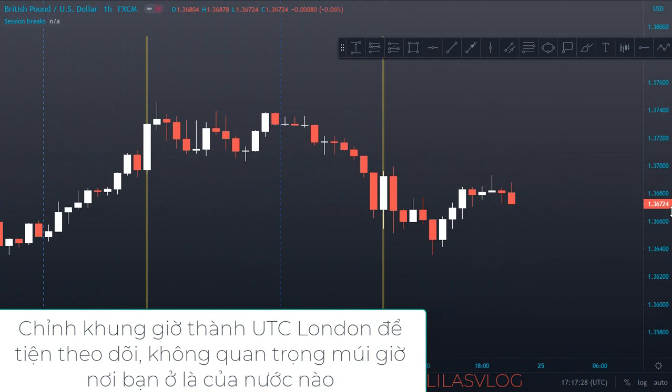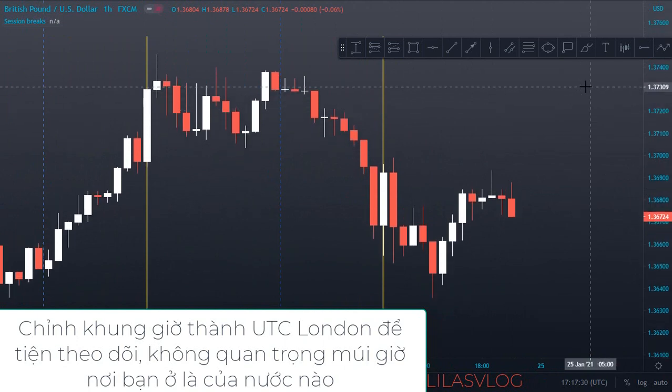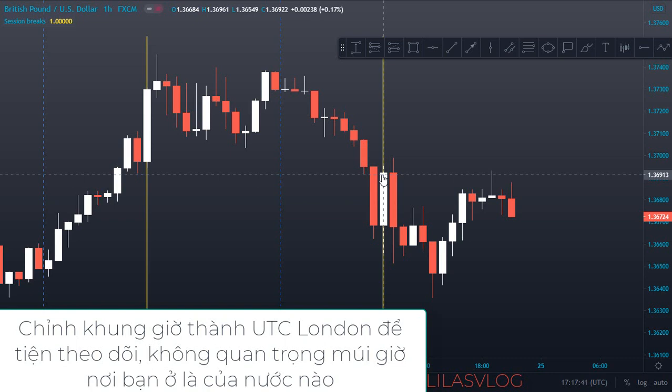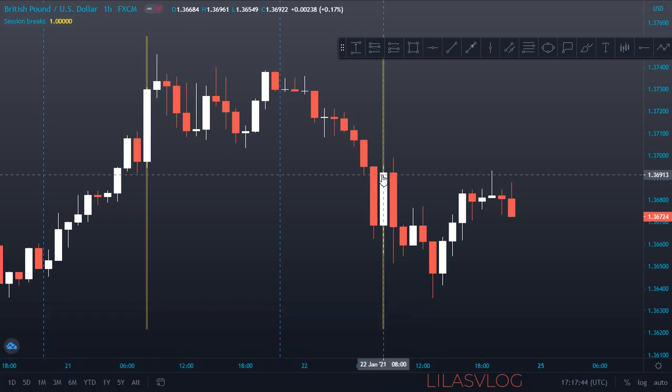Why? Because before the London session starts, there will usually, or even always, be a consolidation, what people call a range in trading.